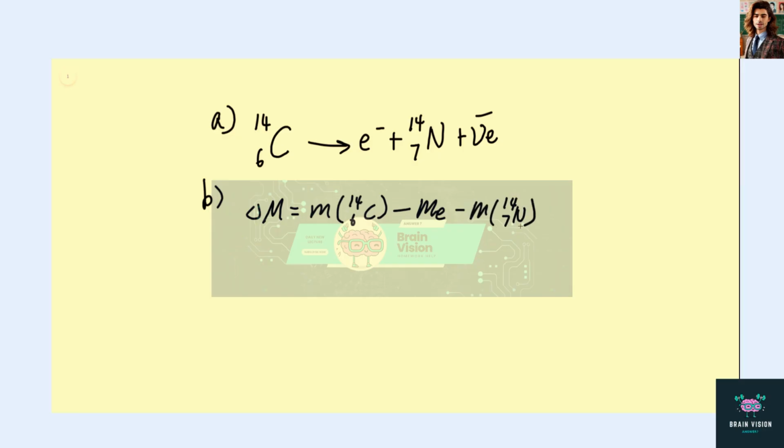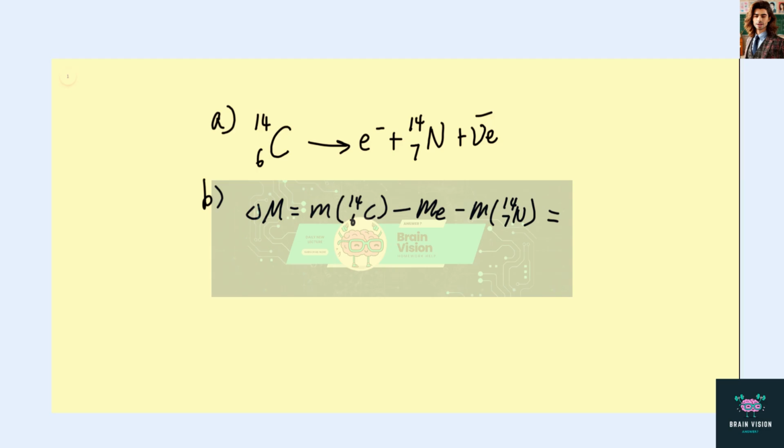The mass of carbon-14 is already given, and the mass of nitrogen and the mass of electron can both be found from the atomic table.